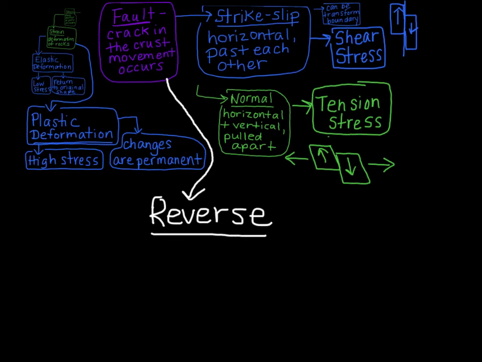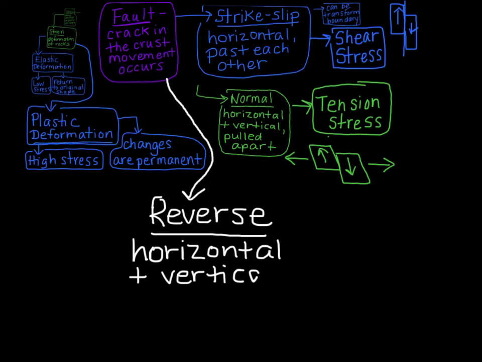And a reverse fault also has horizontal and vertical movement, but that movement, instead of being caused by the rocks being pulled apart, is caused by the rocks being pushed together.